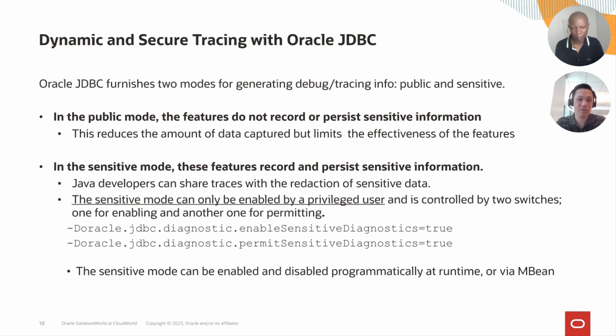In the sensitive mode, these features are recorded and persist inside the trace file, so Java developers can share those trace files with redaction of sensitive data. The sensitive mode can be enabled only by a privileged user. There are two switches: set enable sensitive diagnostics to true, and permit sensitive diagnostics to true. This sensitive mode can be enabled or disabled programmatically at runtime or via MBean.